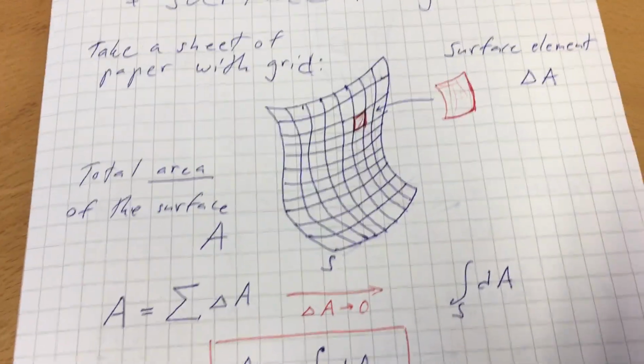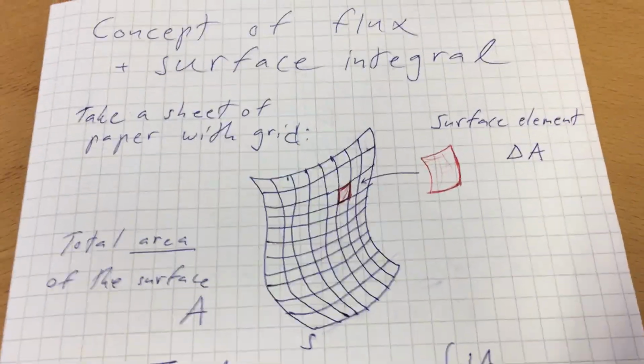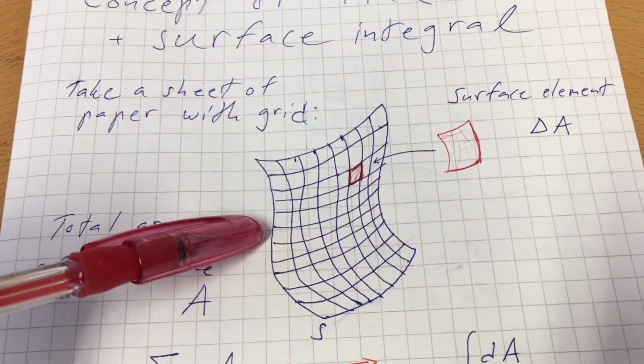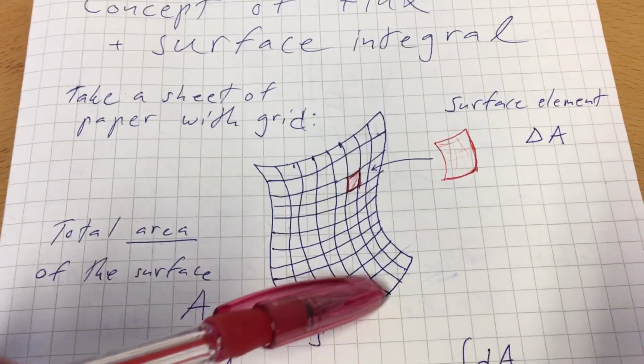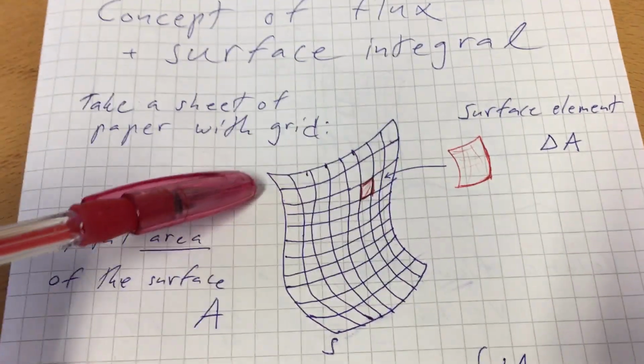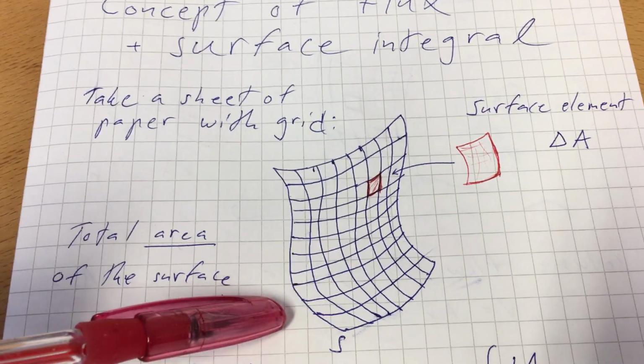So if you think that our sheet with the grid is here, it may be a curved shape, so it's not flat in this case in general.